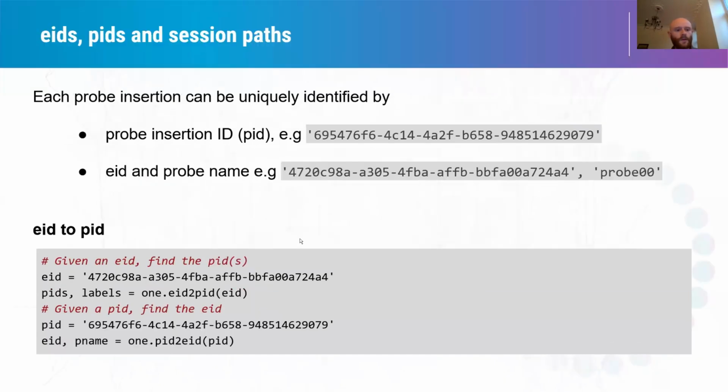And likewise, probe insertions can be converted between experiment ID and probe ID using either EID to PID, where you pass in an experiment identifier and it will return you a list of the probe IDs and their names, or vice versa, basically.